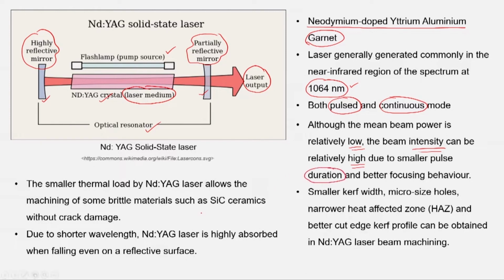If you reduce the pulse duration, we can increase the beam intensity to a higher scale, although the beam power is less, and we can also have better focusing behavior by using this kind of laser. With a small pulse duration, we can achieve a smaller kerf width. Micro size holes can be machined by using this Nd:YAG laser, and it generates a smaller or narrower heat affected zone.